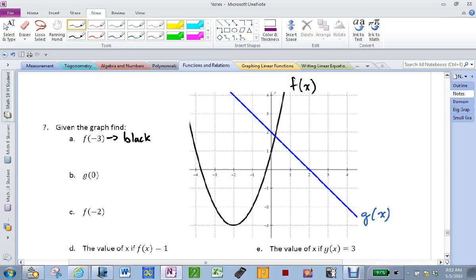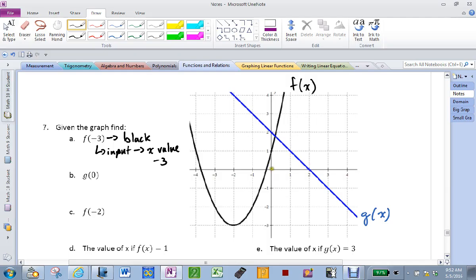Now, what does this say? The f of x is negative 3. This is my input, yes? So since that is my input, what then is my x value? Negative 3, correct? Where on the black line is the x value of negative 3? Well, here's 0.